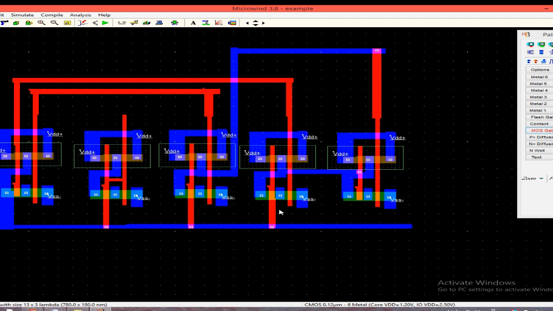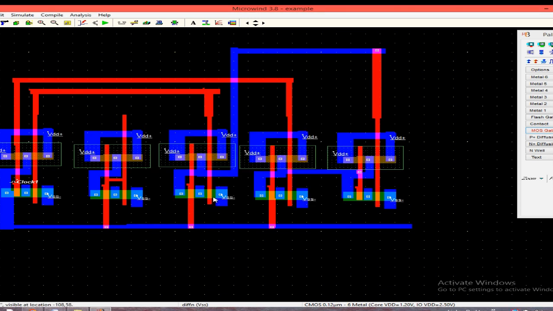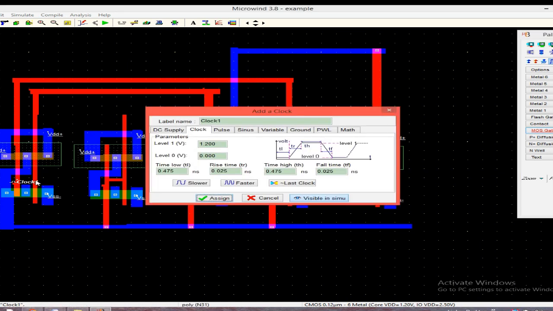and then I have to take two signals. First a clock signal, which I will take as clock 1. I will take clock 1, and next I will take clock 2 over here, and assign it.